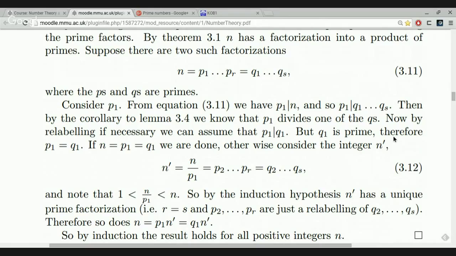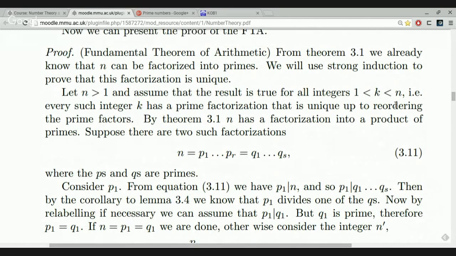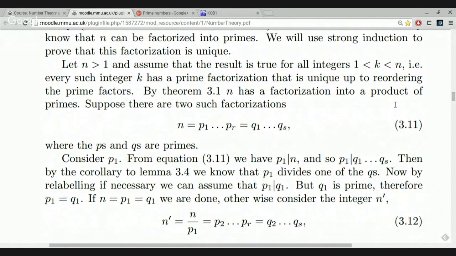The thing we used for the proof was the induction hypothesis that everything less than n factorized uniquely into primes. Again, you see the induction happening. If everything less than some number factorizes uniquely into primes, so must that number. So you just keep inducting through all the integers, and we get that the result is true for every integer.